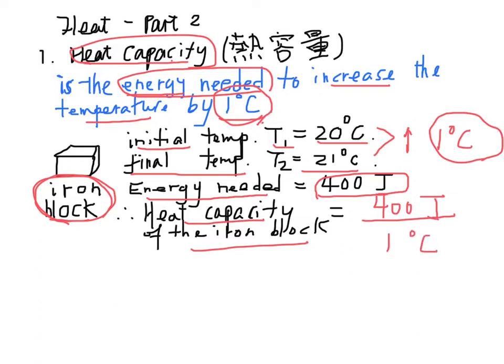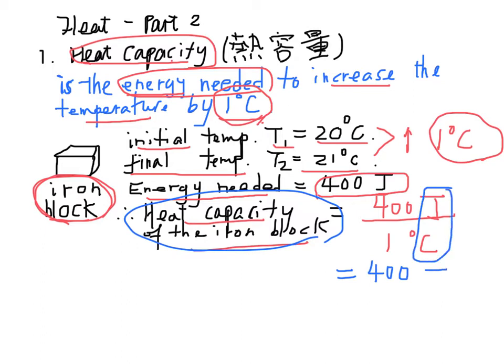Therefore, the heat capacity of this iron block would be equal to 400. The unit is joule per degree Celsius.